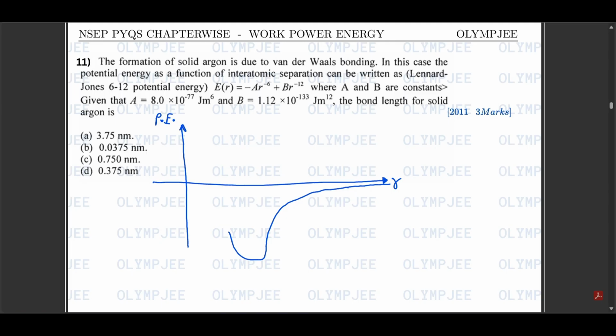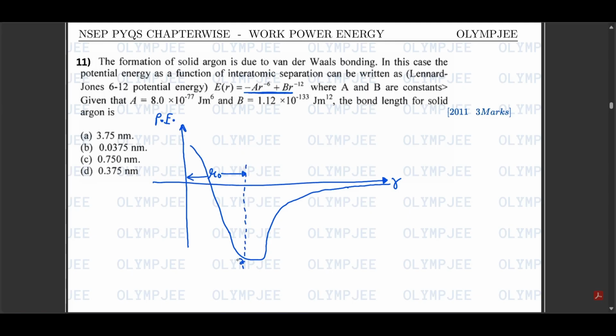Repulsive forces make the bonds weaker, so the potential energy starts increasing, making the molecule less stable. So the graph is something like this, and the equation of this graph is this. We need to find the bonding length, which is basically the r distance where the minima is occurring.